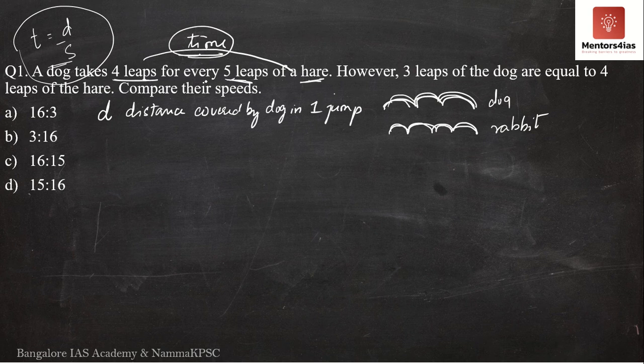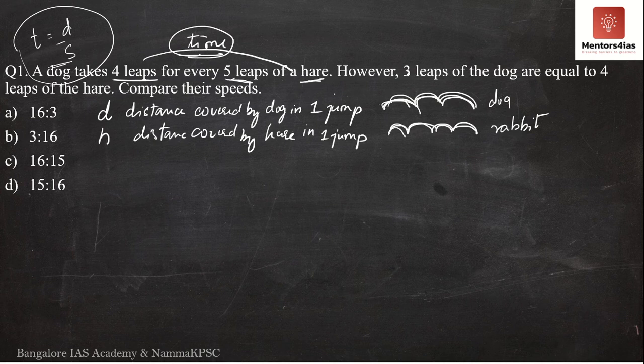So in one leap, or when the dog jumps once, let the distance covered be D. Let H be the distance covered by the hare in one jump. This is the distance that the rabbit covers in one jump.